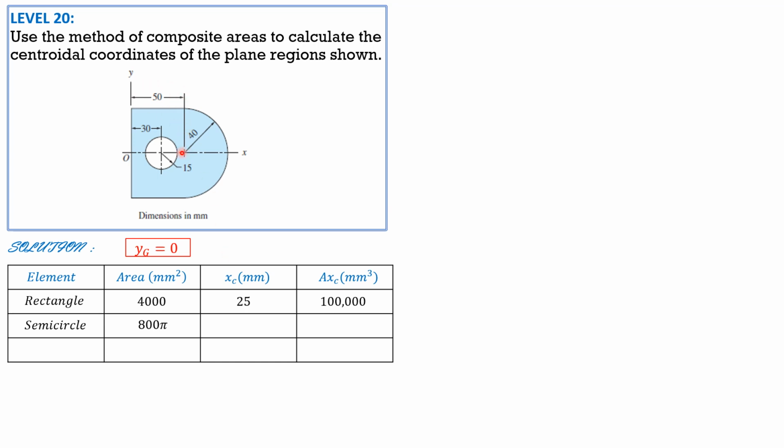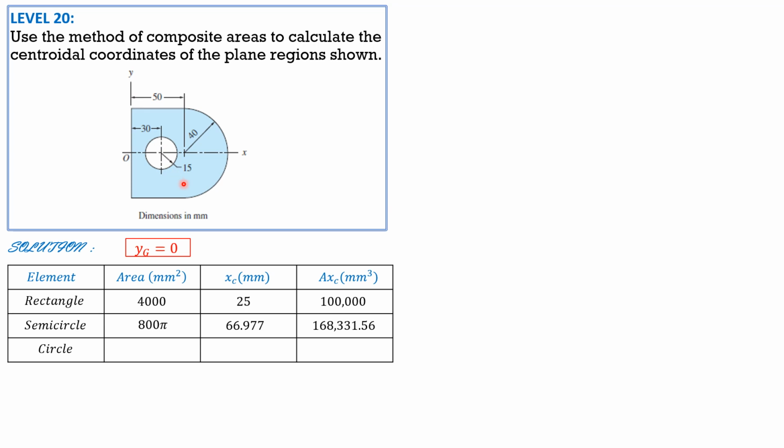So 4 times 40 divided by quantity 3 pi plus 50 is, put the value here, 66.977. Then the product, 800 pi times 66.977 is 168,331.56 mm cube.